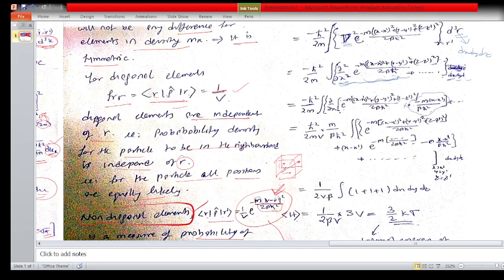In the second differentiation you have to apply the product rule, because you are taking the derivative of these two terms.